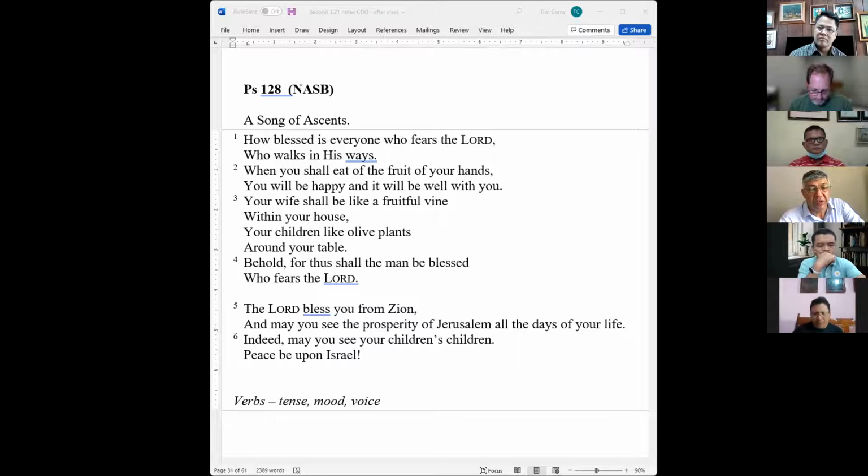Your wife shall be like a fruitful vine within your house, your children like olive plants around your table. Behold, for thus shall the man be blessed who fears the Lord. The Lord bless you from Zion, and may you see the prosperity of Jerusalem all the days of your life. Indeed, may you see your children's children. Peace be upon Israel."